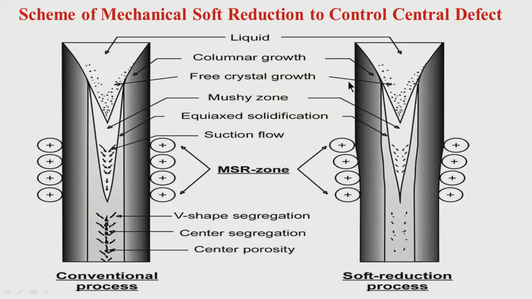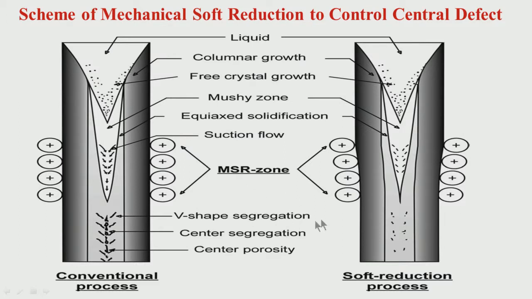You do not use it anywhere else. You do not use it when the solidification level is, say, 50-60%. It is of no use. You use it only when the final solidification is taking place, that is where you put the mechanical soft reduction, MSR.